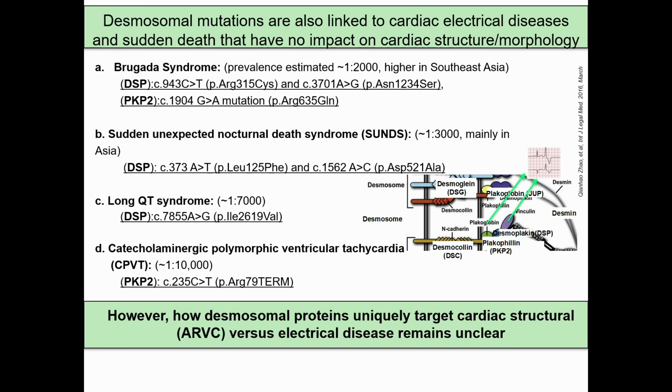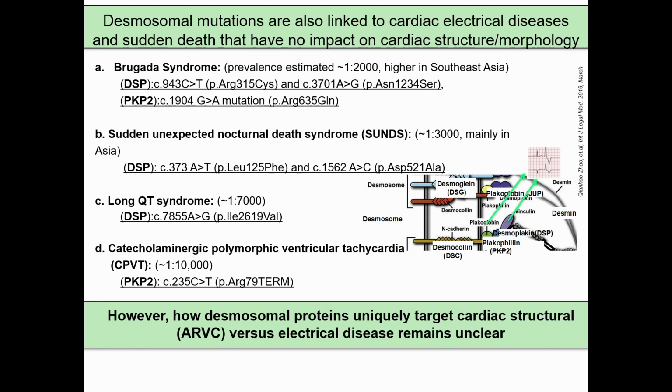Even when I described ARVC, there's this very complex syndrome where you get sudden death or you get structural disease. When we look more closely, we can see that these mutations are often linked to cardiac electrical diseases. Brugada syndrome has been associated with both desmoplakin and plakophilin mutations. Also sudden unexpected nocturnal death syndrome, which is found mainly in Asia, is associated with DSP mutations.